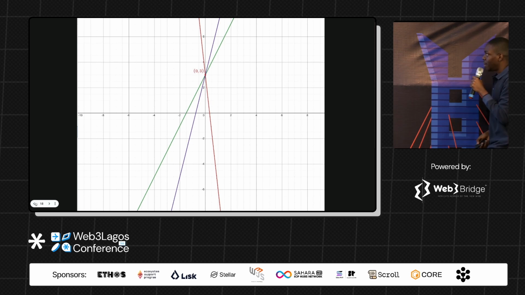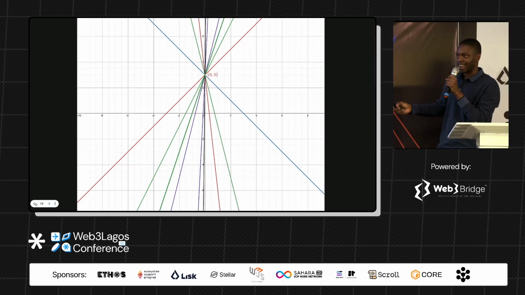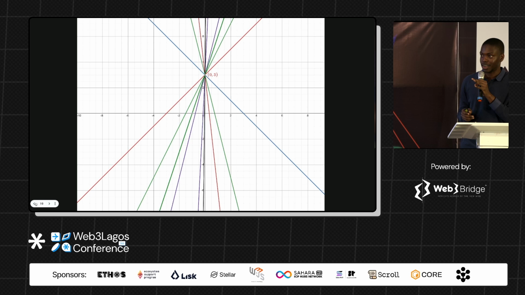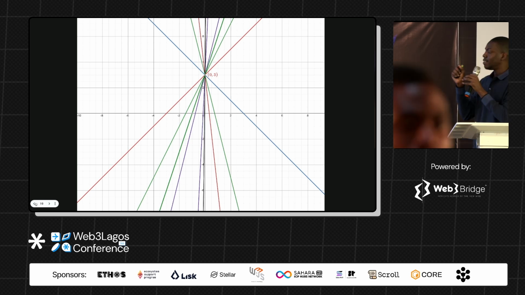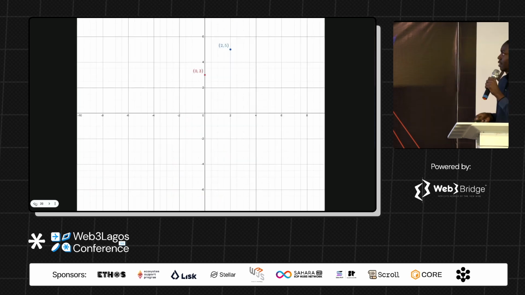But then we can pass a third one. We can pass as many as we want, right? So through that single point, we can pass an infinite number of straight lines, okay? So that means that a single point is not enough to specify a particular straight line, right? This is not enough information for us to pick a particular straight line.